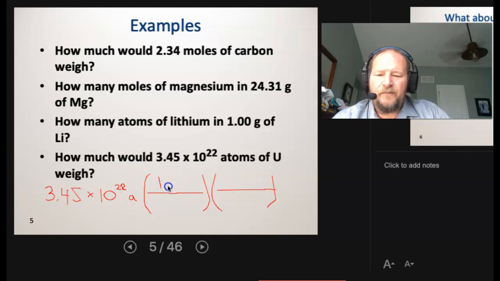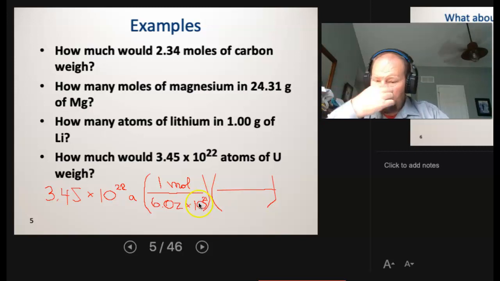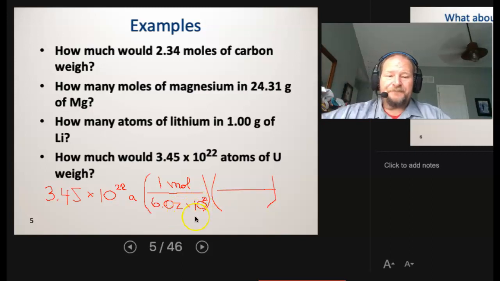So for every 1 mole of uranium, it's going to be 6.02 times 10 to the 23 atoms.